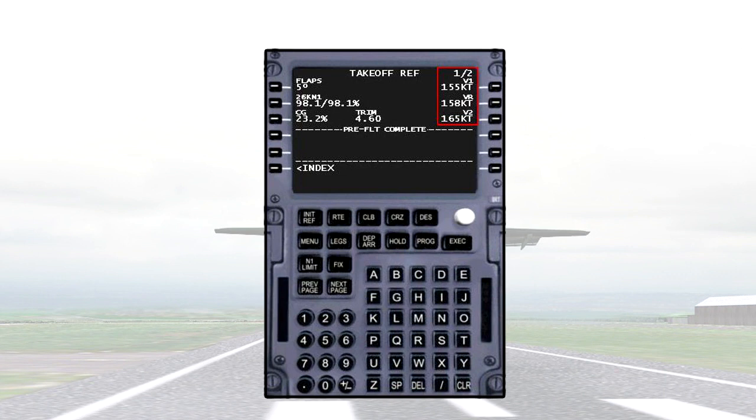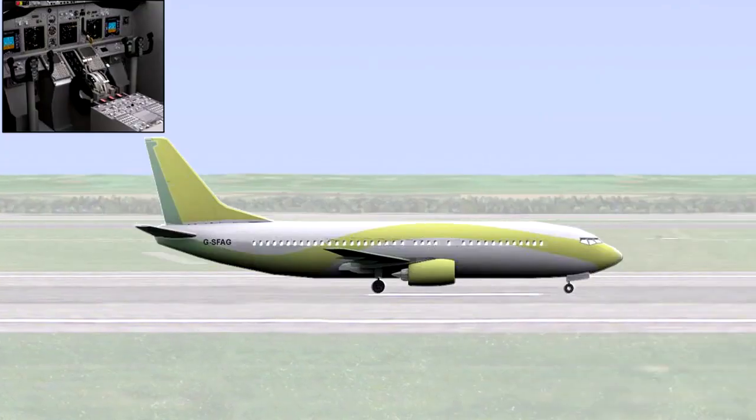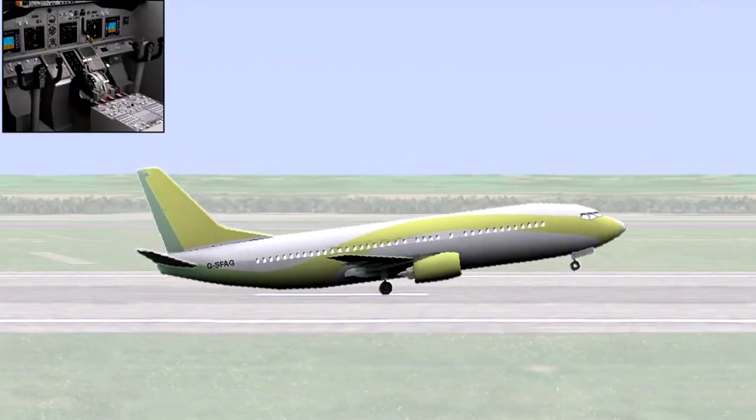Once VR and V1 have been calculated by the pilots, they can be entered into the flight management system and, thereafter, shown to the pilots in the speed scale on the left-hand side of the primary flight display, PFD, or the Electronic Attitude Director Indicator, the EADI, as shown on screen. Since an action by the flying pilot is required at VR, VR is called out by the non-flying pilot, and at this moment the flying pilot will initiate rotation.